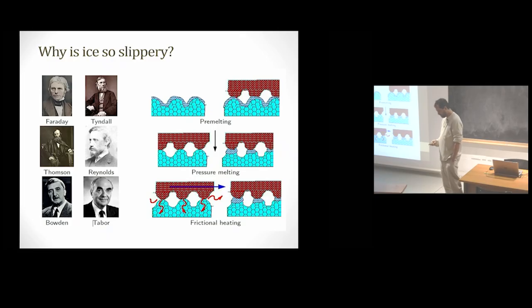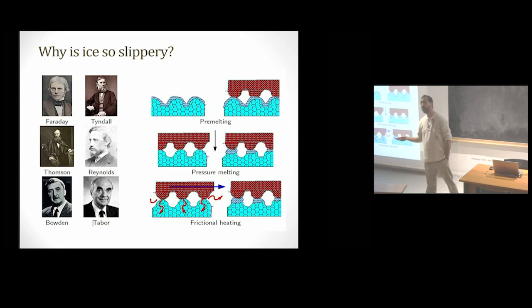Okay, so my story starts with Faraday, who made one hypothesis, which is far less well known than other more important hypotheses he made, that ice below its melting point is covered by a thin water layer. Okay, so the first suggestion that there exists premelting was made by Faraday. Yeah?